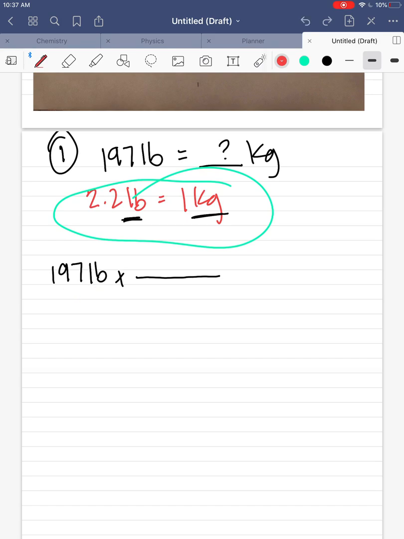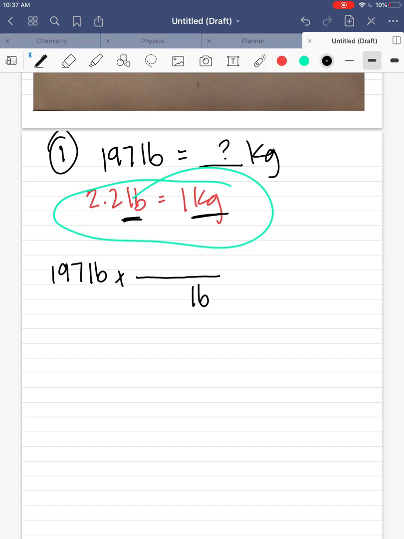So you know that this 197 pounds is on the top side of a fraction. In order to get pounds to cancel, I need to put pounds on the bottom. So I'm going to put pounds on the bottom. We're just doing units so far, not any numbers yet. The numbers will come in just a minute. I know that I need to get to kilograms.